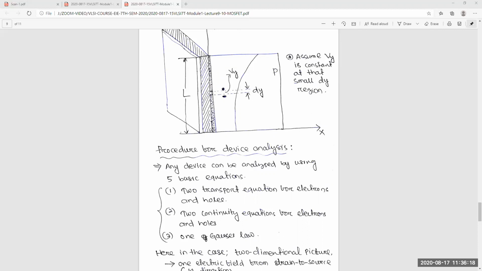Whatever current is flowing here, it is the same everywhere. So at this point and that point, whatever current ID is flowing, that same current is flowing in this small delta y region. Yes, sir. Due to electrons only. So that's why the continuity equation will be only for electrons.